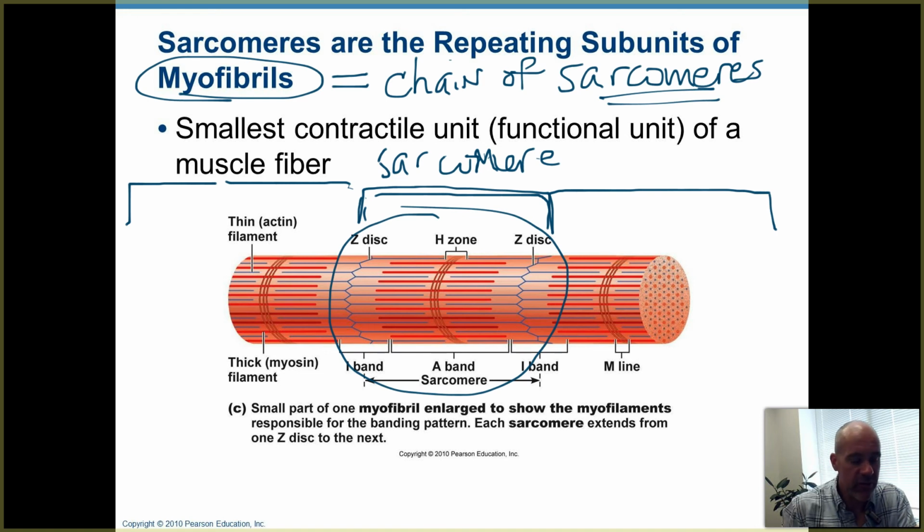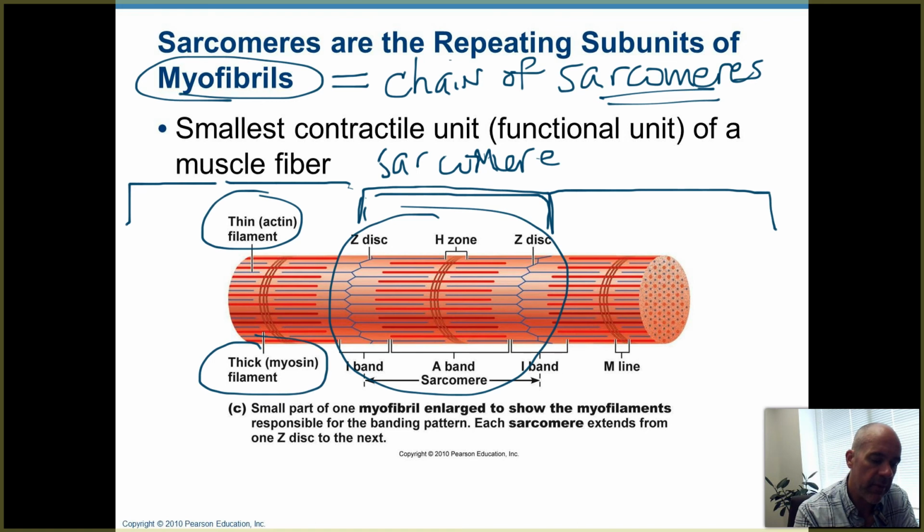As it turns out, all that striping you see on the myofibril is based on the types of proteins that are in there, which are involved in muscle contraction. The two main ones are called thin filaments and thick filaments.